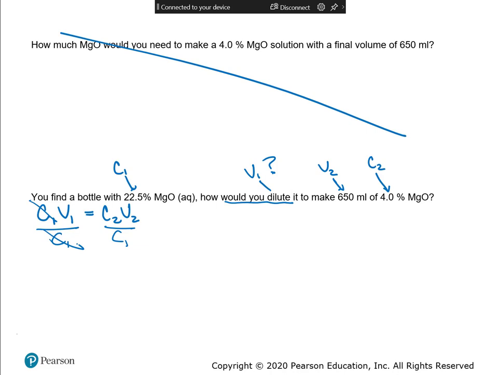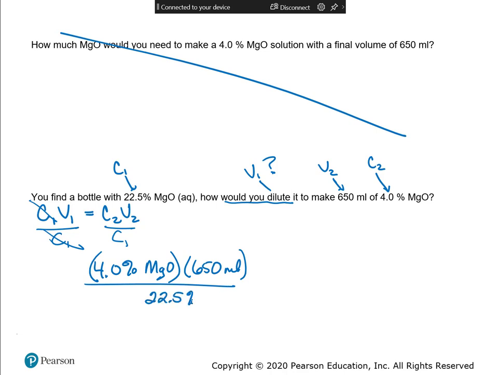So C2 is what? 4%. So we'll keep 4.0% of MgO. V2, 650 milliliters. C1, 22.5% of magnesium oxide.